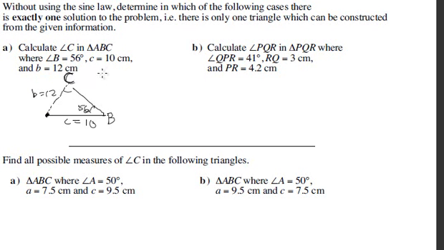So the sine law says sine C over 10, the opposite side, equals sine 56 over 12. You solve that for sine C, and you get 10 sine 56 divided by 12.